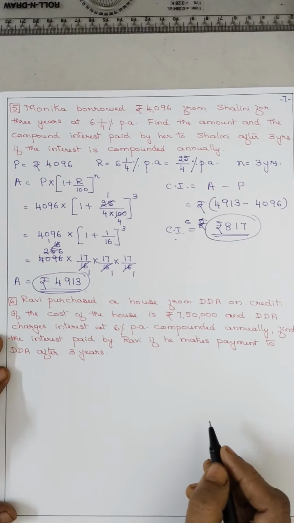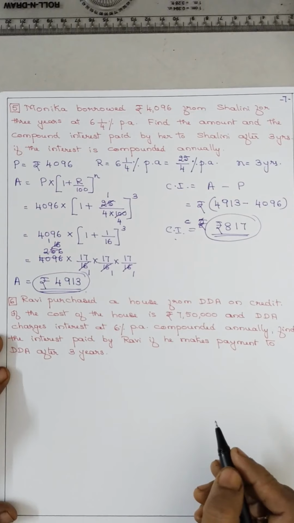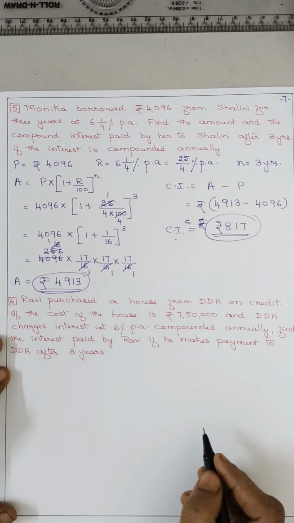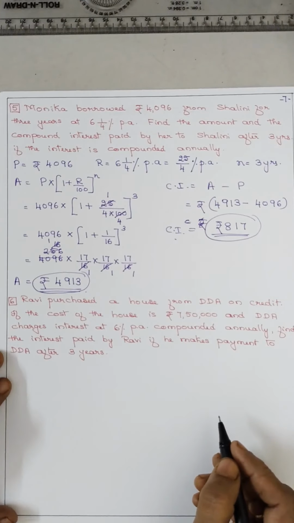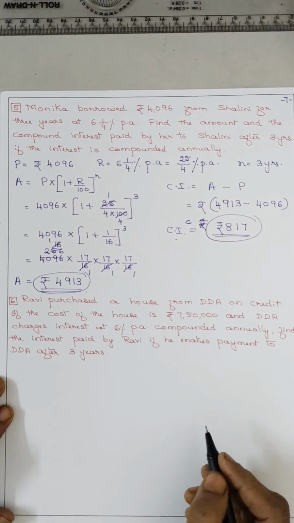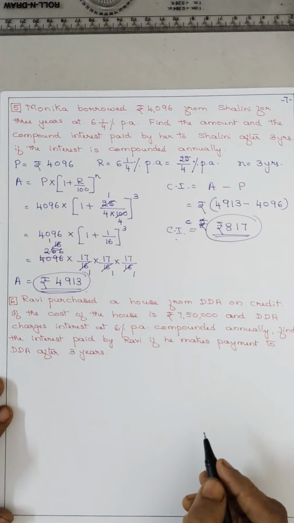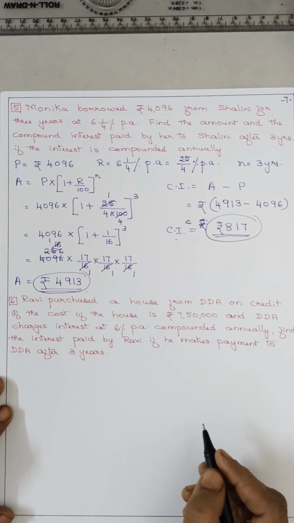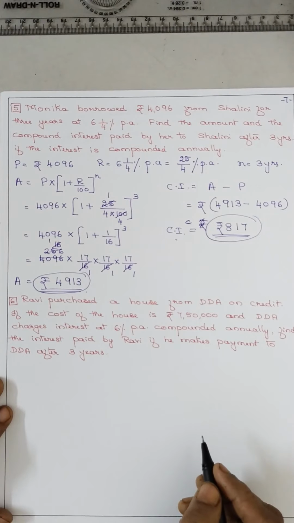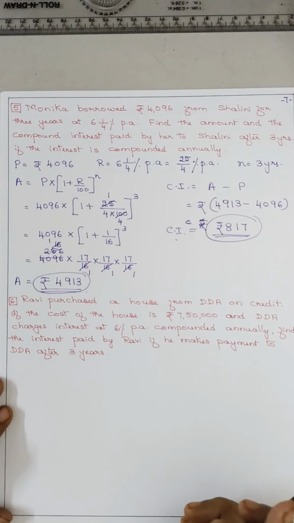Now coming to the last sum. Ravi purchased a house from DDA on credit. If the cost of the house is 7,50,000 and the DDA charges the interest at 6% per annum compounded annually, find the interest paid by Ravi if he makes the payment to DDA after 3 years.